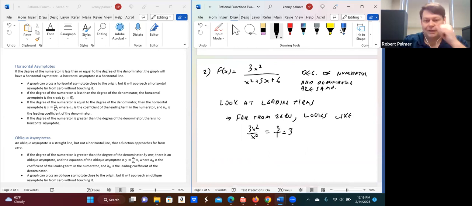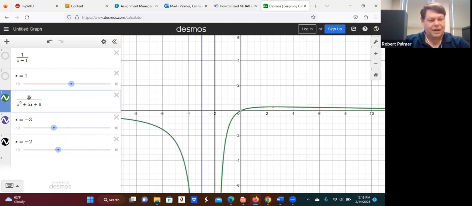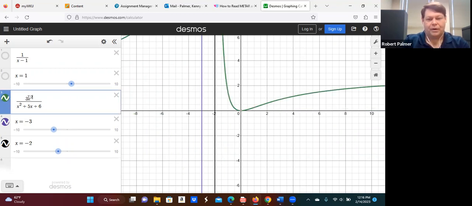So that's what this looks like. Let's take a look at that. If I simply change the one I did, let's just make this 3x squared. Now, you notice we still have the same vertical asymptotes.